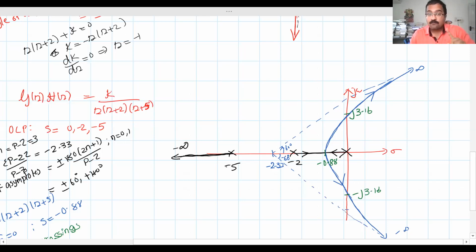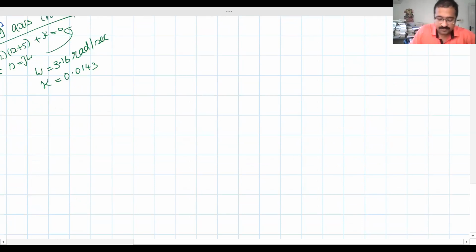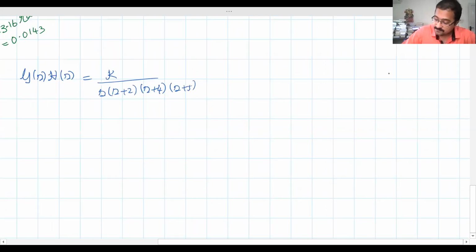Okay, one more example, last example. G(s)H(s) is equal to K divided by S into S plus 2 into S plus 4 into S plus 5. So here we have four open loop poles.